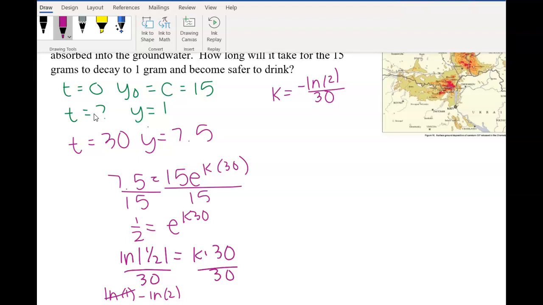So if I want to know the time at which it is now safe, my formula has transformed. It's now y equals 15e to the K t, since I learned what K is.